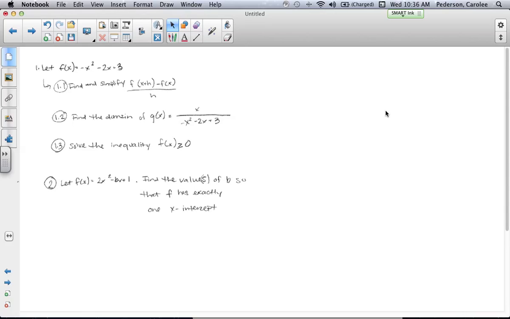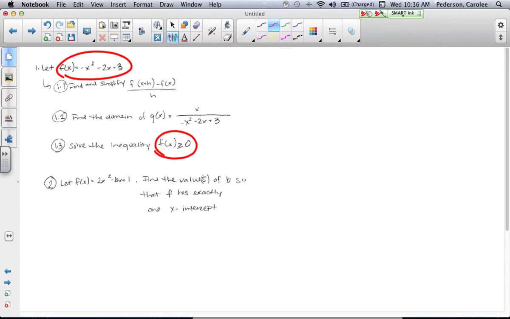So this inequality is saying when is the function greater than or equal to 0? So negative x squared minus 2x plus 3 greater than or equal to 0. So you may want to try and factor it again. So if I factor this, you may want to push everything over to the other side.